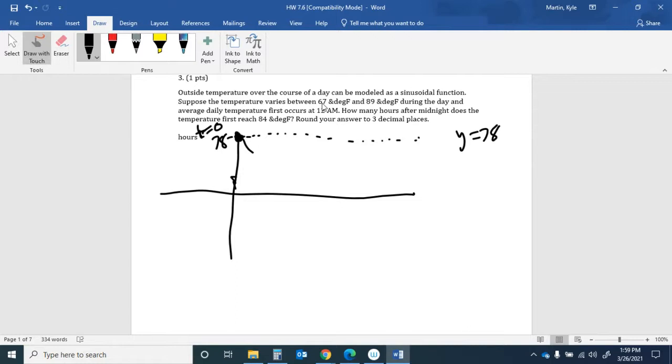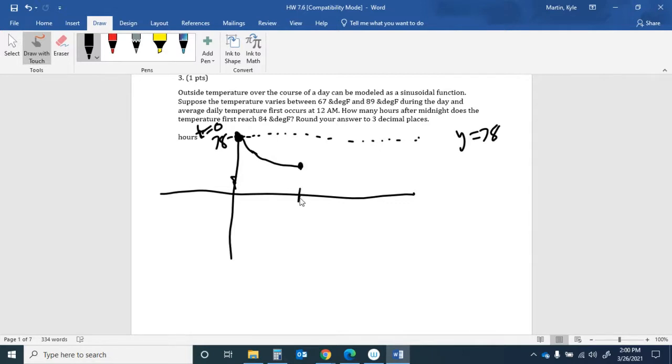And then it says, how many hours after midnight does the temperature first reach 84 degrees Fahrenheit? All right, so it's going to have to go down, hit that minimum of 67 degrees at some point.